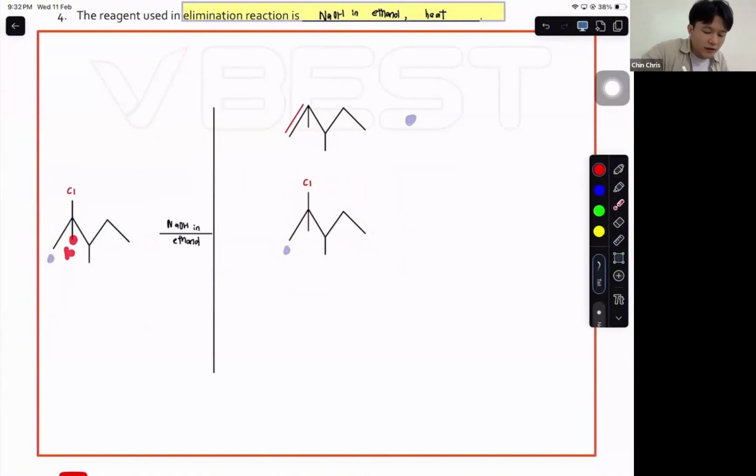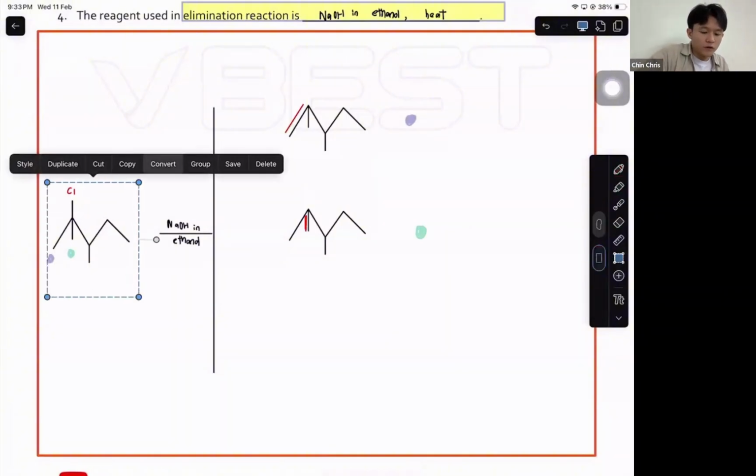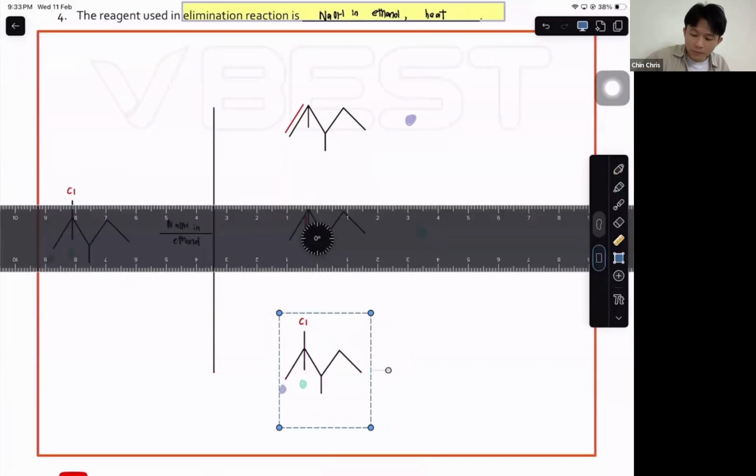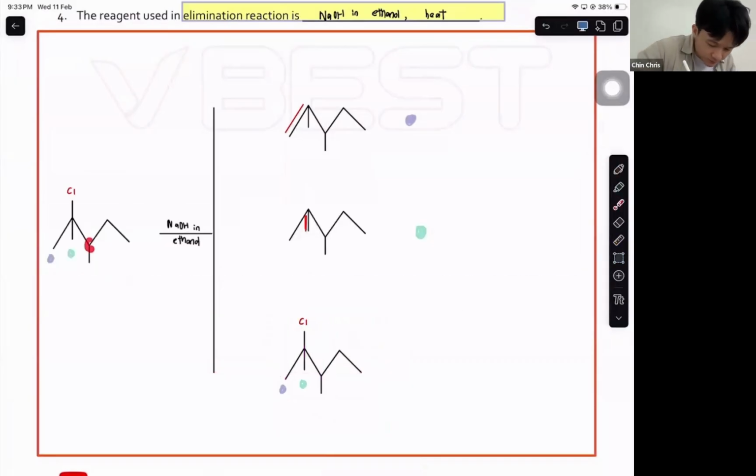Alright guys, the second one, I'm gonna remove a hydrogen from this side. There's a hydrogen here, right? There's a CH3. I can remove 1 more hydrogen here. I'm gonna put a green color to indicate this is me removing from here. So I can remove a Cl and the double bond is gonna be here now. Correct or not? Last one, I can also remove a hydrogen from this side.